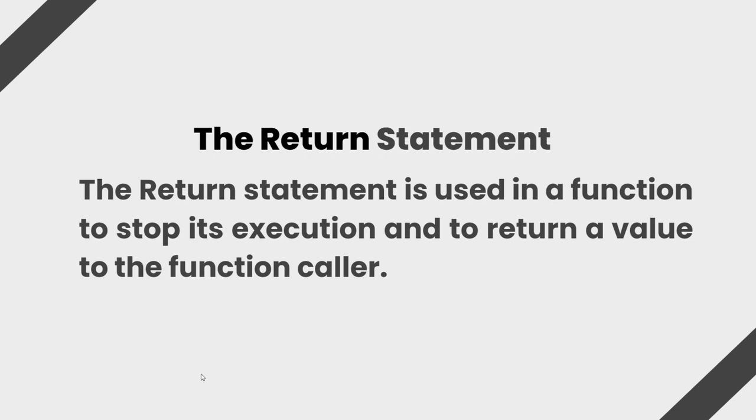And after it stops execution, whatever the value of that variable is, it will transfer that value to where we called the function. That's the function caller. By now we already know what the function caller is. It's when we call our function, and that is with the function name and the list of arguments, which is also optional.